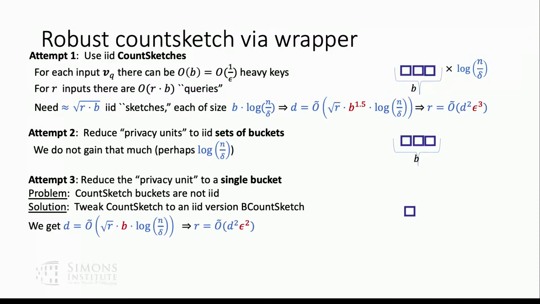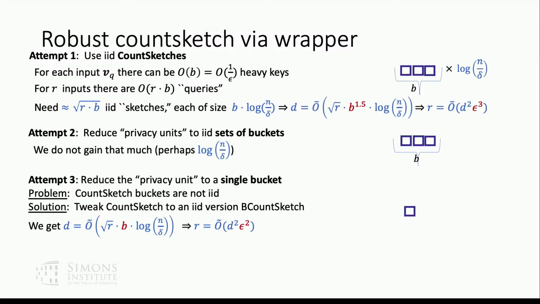It doesn't improve this factor. The idea that we used in the end is to reduce the privacy unit just to a single bucket in the sketch, because for every input we answer many queries for many keys. So the way the privacy analysis goes, we charge for each such query on every single key. We charge the full sketch, the full set, for every query, and then we can get less out of it in terms of the privacy accounting.